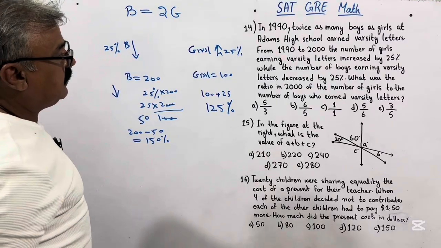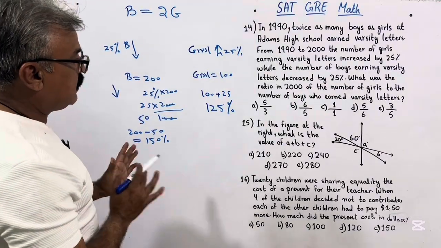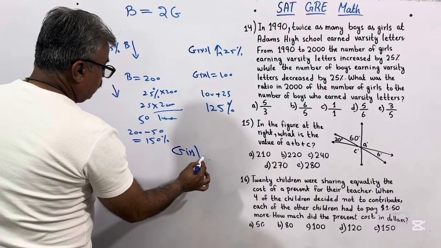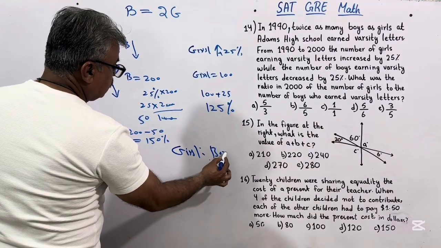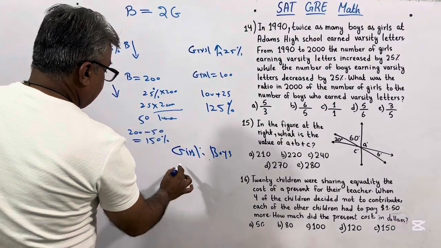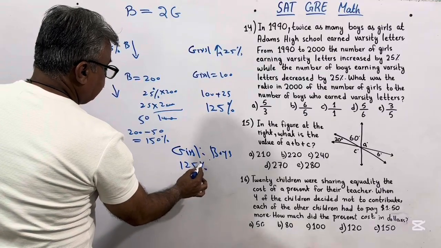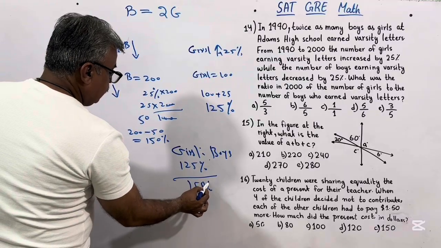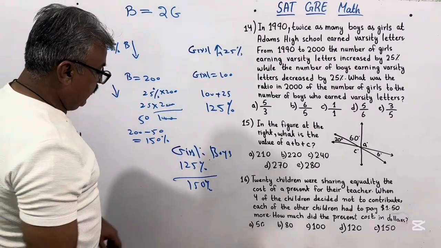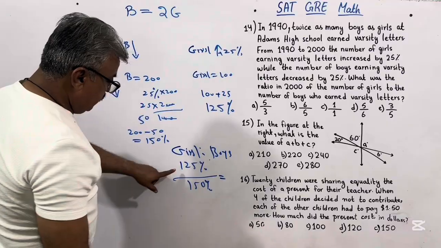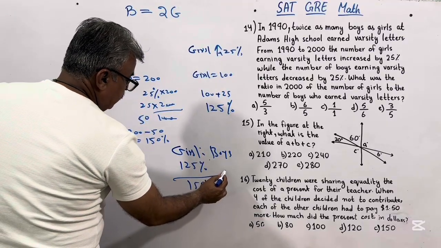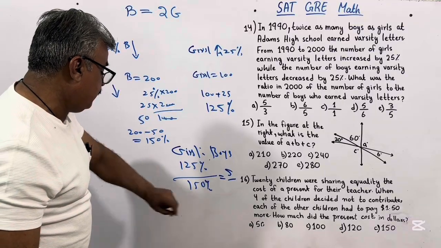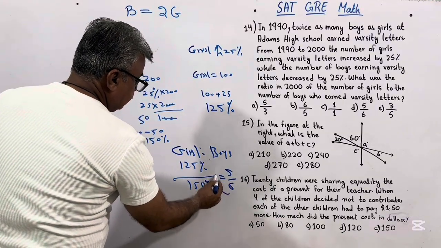Now we are asked to find the ratio of the number of girls to boys. Girls 125, boys 150. It's very safe to write that ratio means divide. Percent cancelled out. Applying the table of 25, 125 divided by 25 is 5, while 150 divided by 25 is 6.